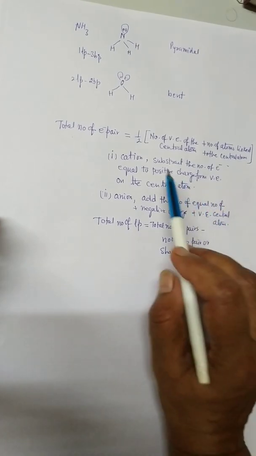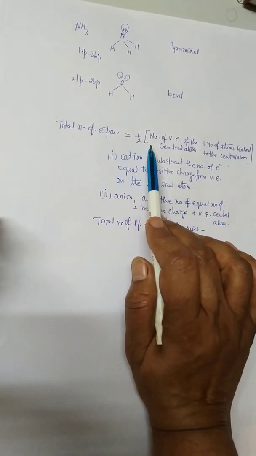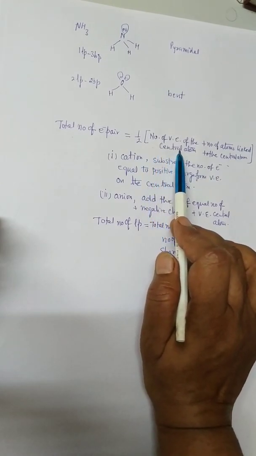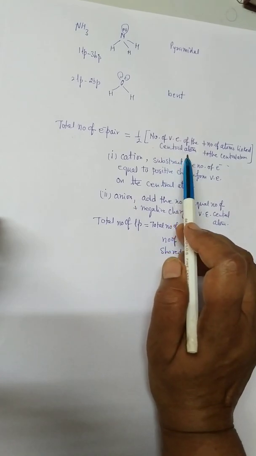By using this formula, it is very easy for a student to find out the shape of any covalent molecule or ion.